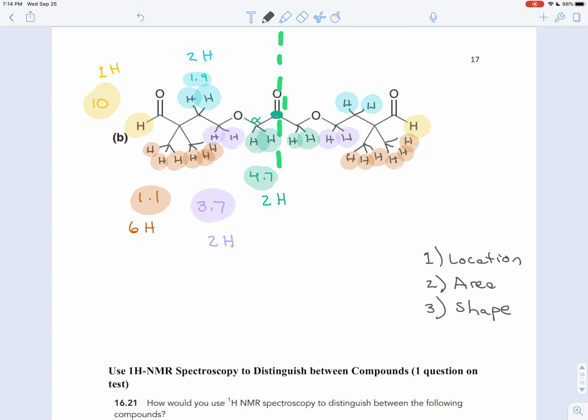Third feature is the shape. These are the splitting patterns, and for that, we're going to use the n+1 rule. If we look at the yellow hydrogen, look at the atom next door, the atom next door to the carbon that the yellow hydrogen is attached to. That carbon does not have any hydrogens on it. In other words, there are 0. So the splitting pattern will be the number of adjacent hydrogens plus 1. It'll be a singlet. So that yellow hydrogen will show up as a singlet.